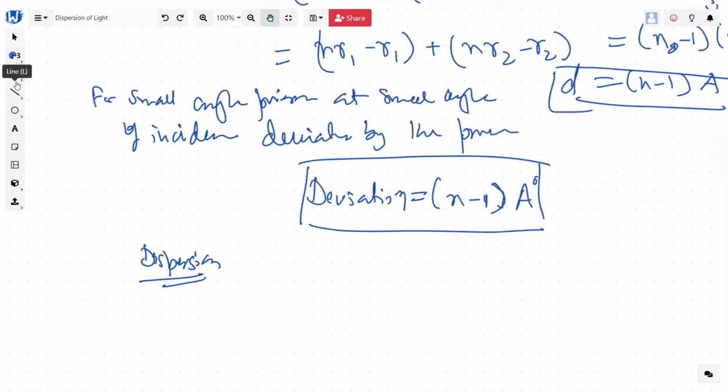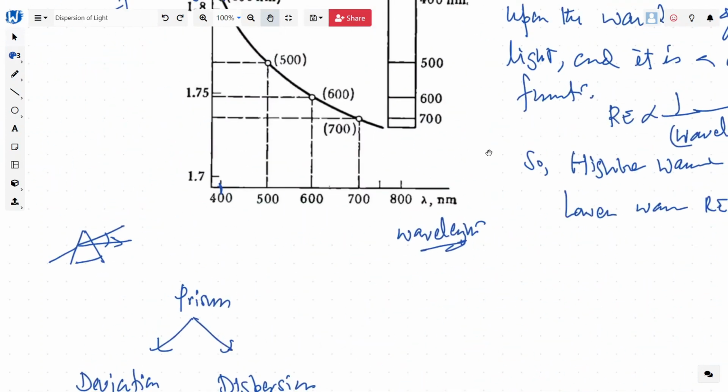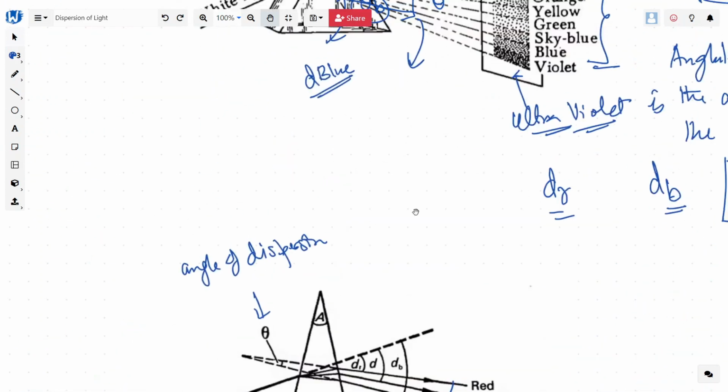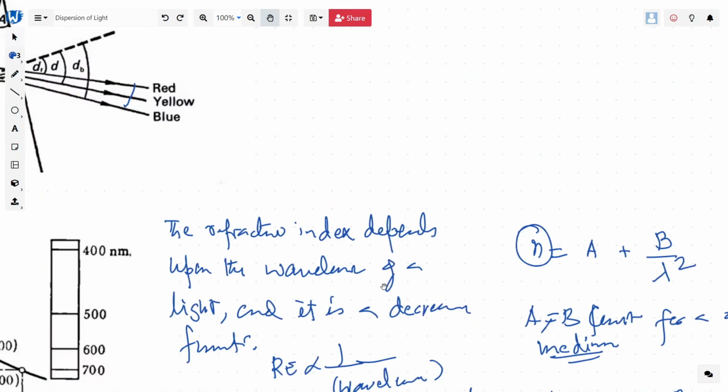So we were interested in the angle of dispersion, which was basically the difference between the deviation produced by the blue minus the deviation produced by the red. We have already defined that here, like dB minus dr.